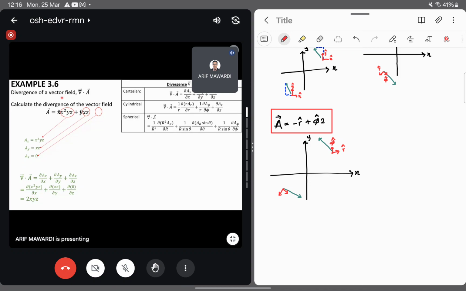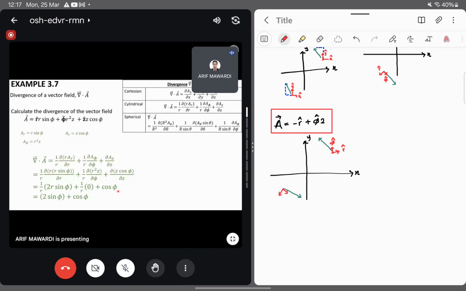But for the divergence, you can only calculate the divergence of a vector field, and you will get a scalar field. This is illustrated like this: first you have your vector field, and when you calculate the divergence of your vector field, you should get a scalar field.